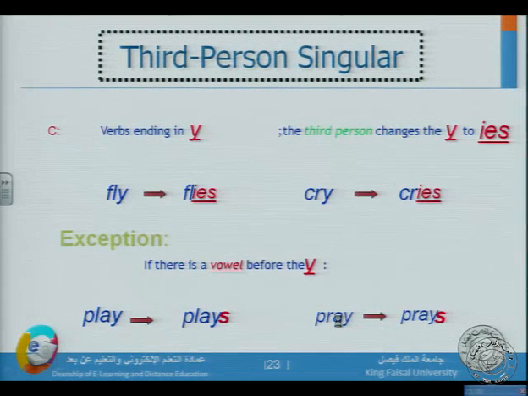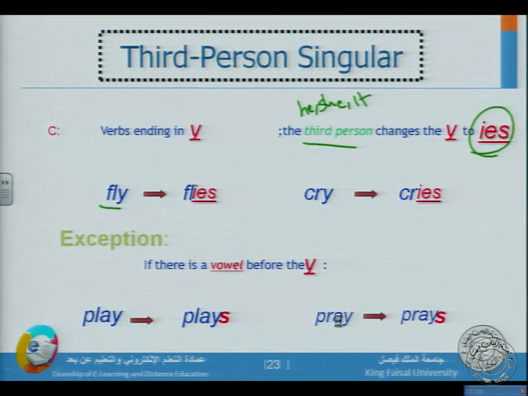Also, we have another rule for the simple present. Verbs ending in Y, the third person. What is the third person we said? He, she, or it. Changes Y into IES.